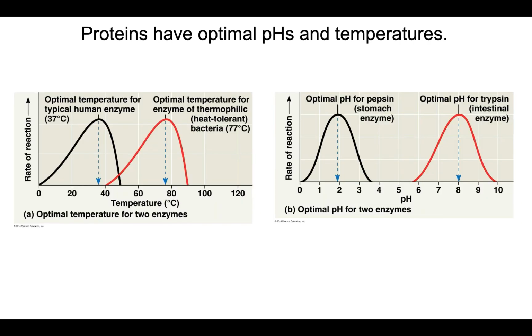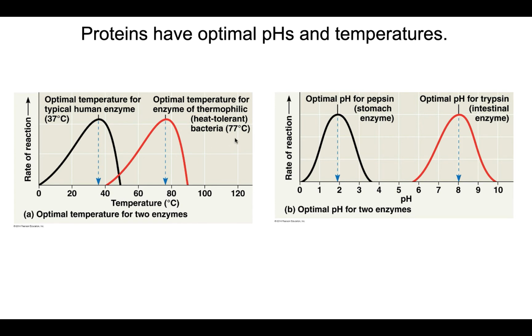And as it turns out, because of this, proteins, enzymes included, have optimal pHs and optimal temperatures. And they're not always the same. So, for example, let's take a look at the left here. What we're looking at is we measured the rate of a reaction catalyzed by two different enzymes. One, a human enzyme that evolved at 37 degrees Celsius, and another enzyme of a heat-tolerant bacteria that evolved at 77 degrees Celsius.